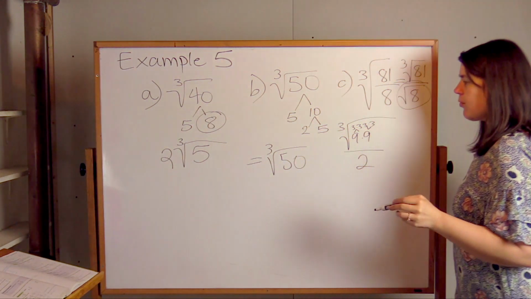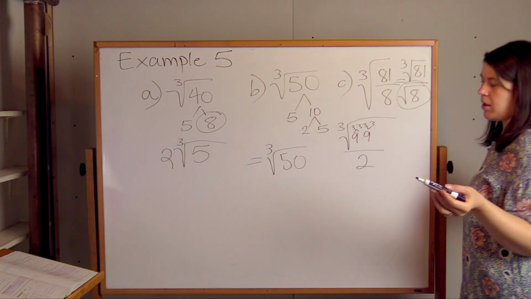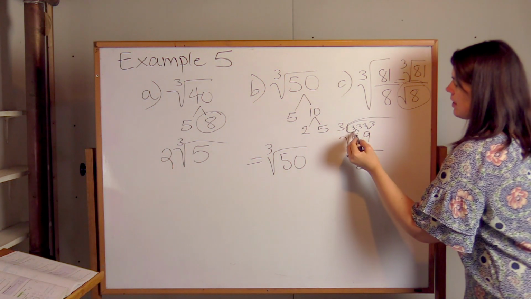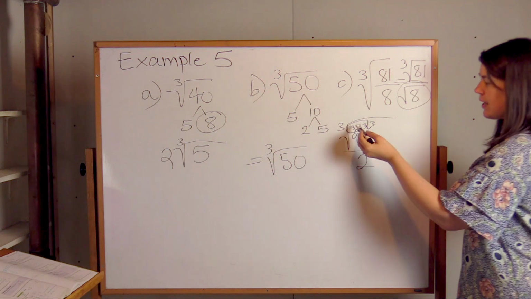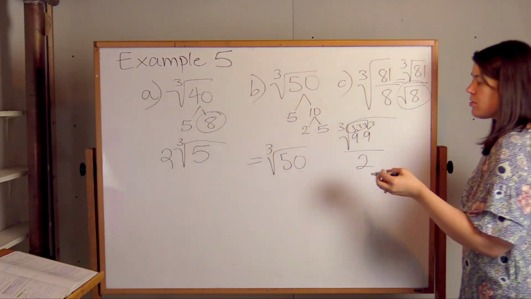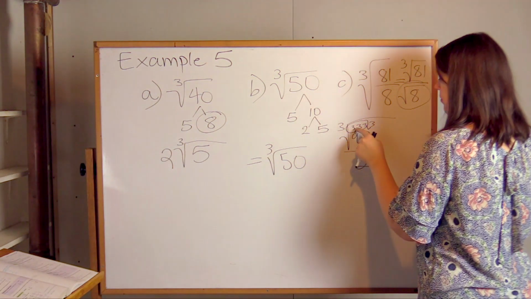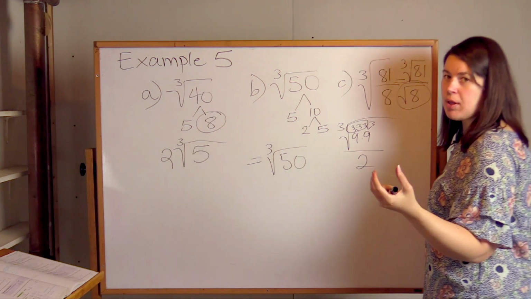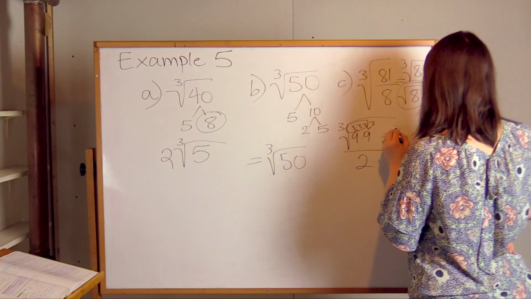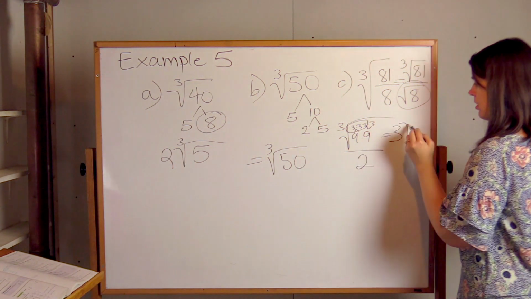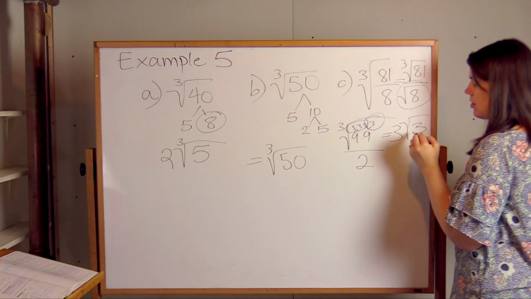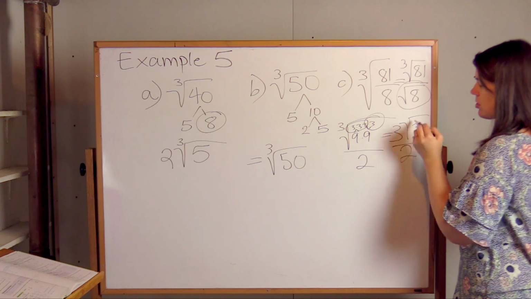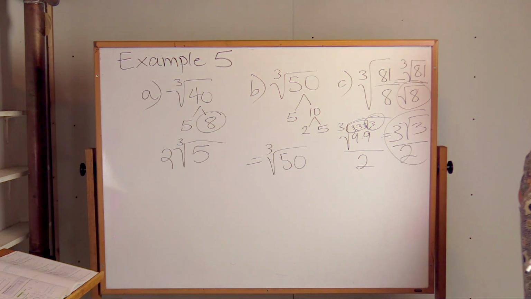All right, so what I'm looking for is 3 of the same number. If I take the 4 3s, I can actually pull that out. I have 3 times 3 times 3, so I'm going to pull out a 3. So that gives me 3 on the outside. What's left behind? One 3. What I have on the bottom? 2. So that would be my final answer.